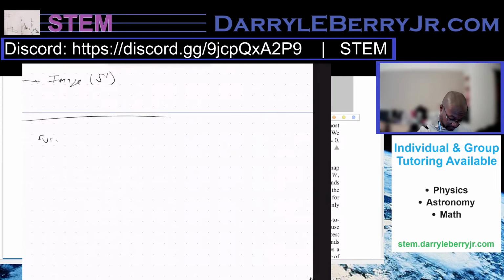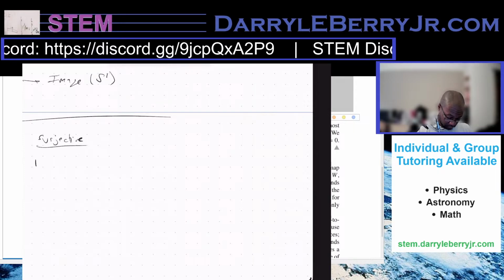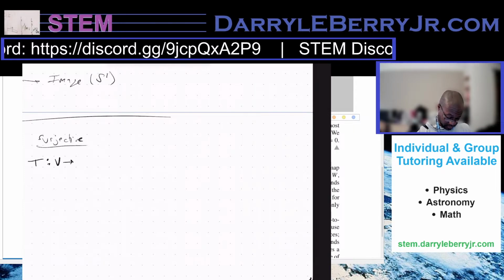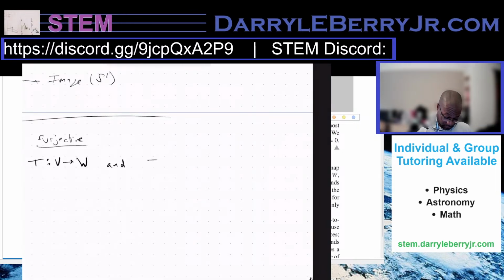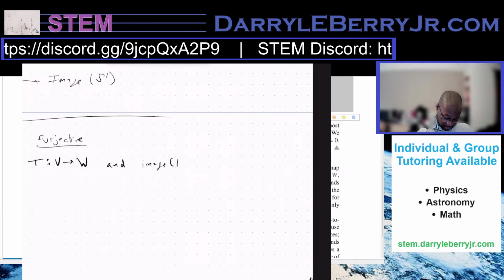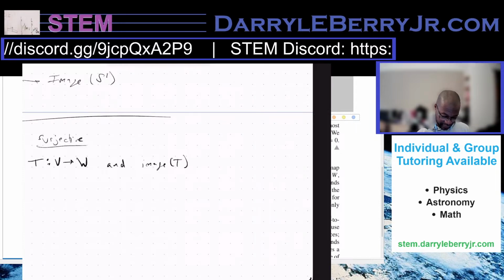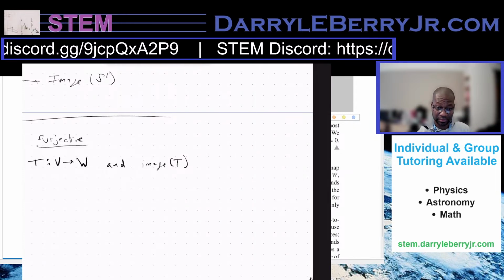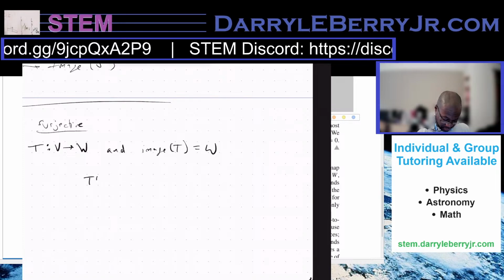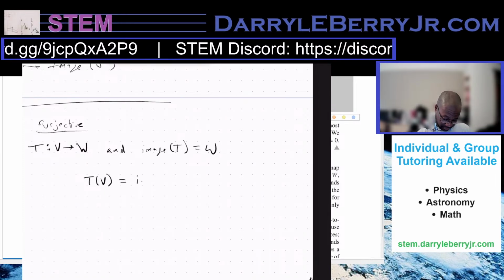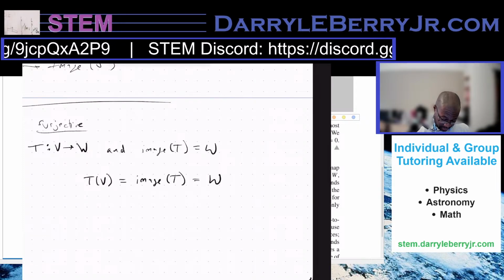So surjective: T from V to W, and the image of T, which means that when you do the transformation T, the values land in W. This is like saying the transformation of V gives you the image, and it's saying that these are the same.